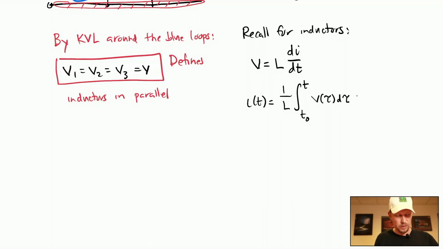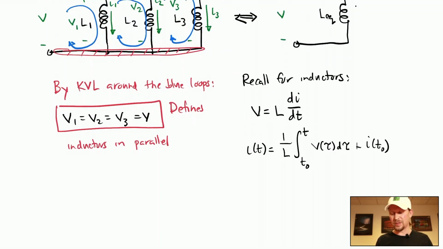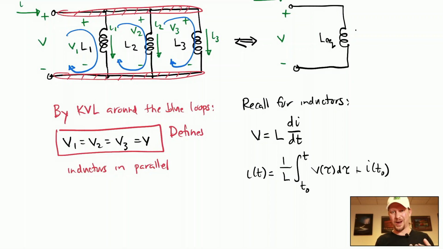And we also need to take into account that there is a non-trivial current that may exist at time t equals t naught. So this is the current at time t equals t naught. So there's a constant there. Now, this is the general IV characteristic for an inductor. So if you happen to know the voltage as well as an initial condition, you can write down what the current is. And I'm actually going to use this a total of 4 times.